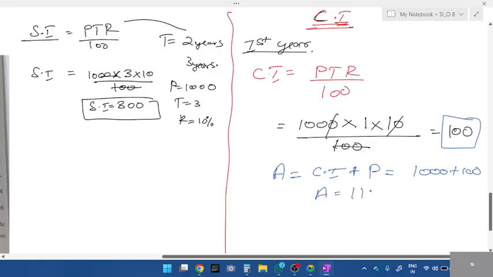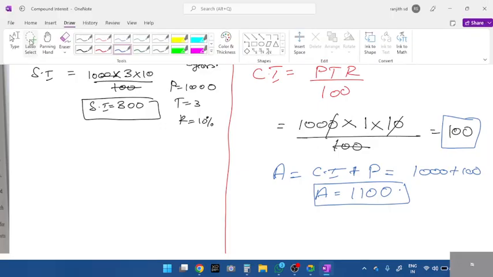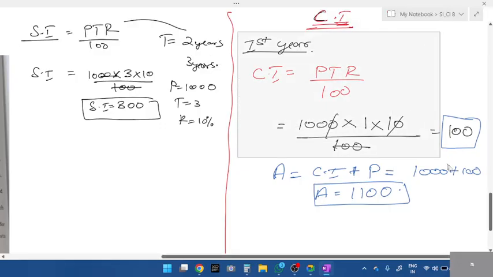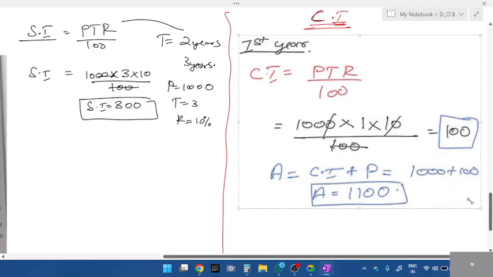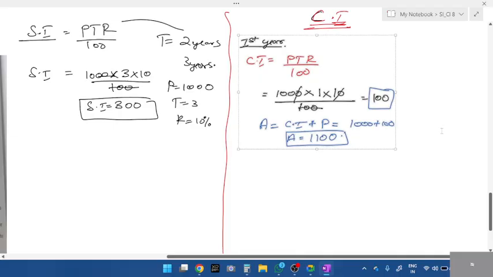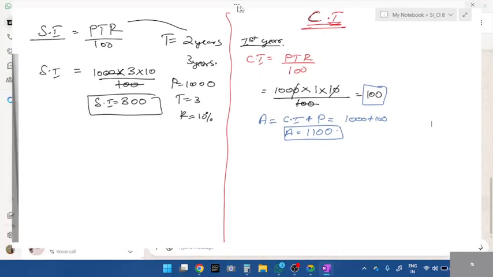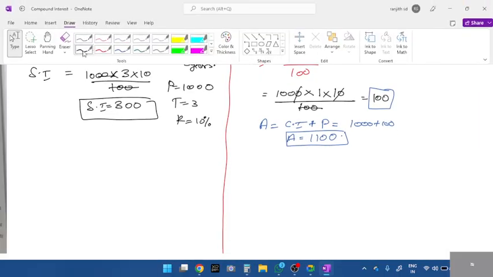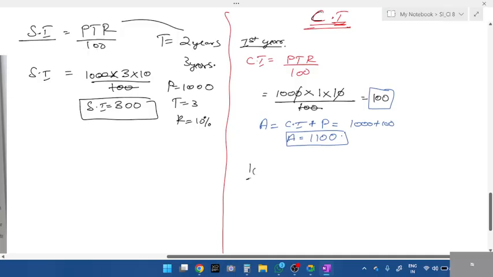You get 1100. This is the principal for the second year. This is known as compound interest. For every year, time will be 1 year and the principal will keep increasing. The rate is only 10%. So totally you have to show them 3 years calculation.